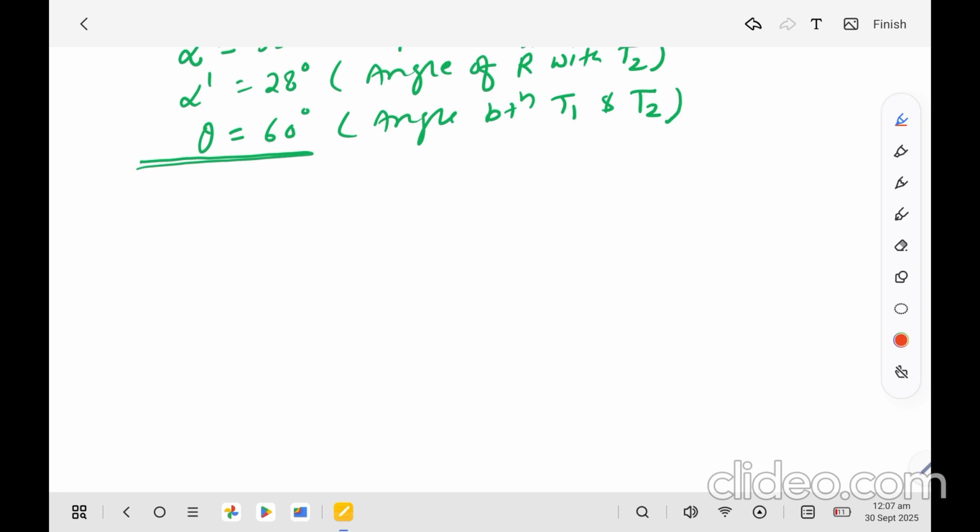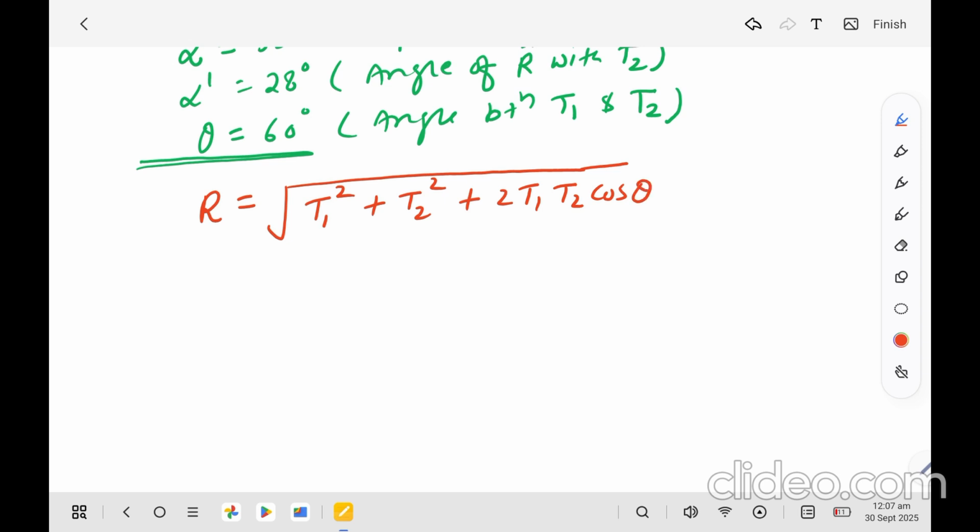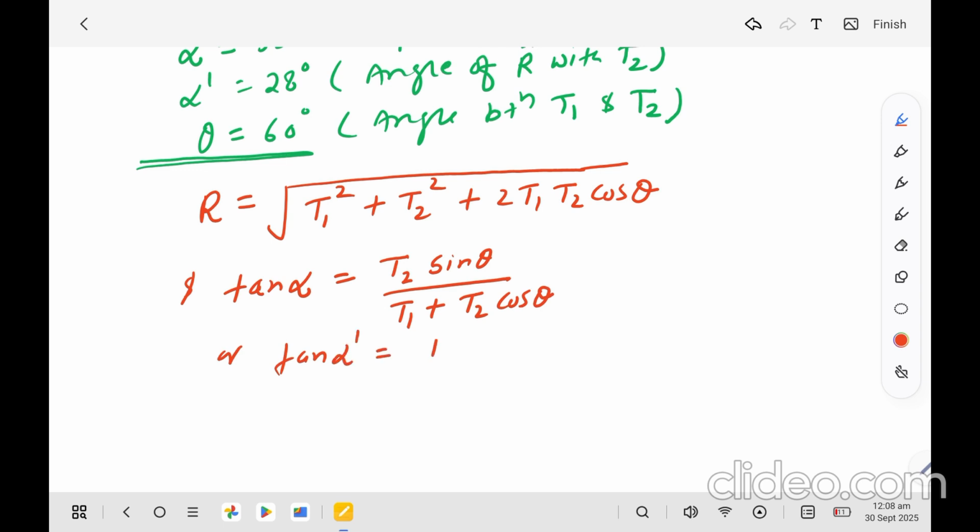Now we know from the parallelogram law that the resultant force R is the square root of T1 square plus T2 square plus 2 T1 T2 cos theta, and tan alpha is T2 sin theta divided by T1 plus T2 cos theta, or tan alpha prime is T1 sin theta divided by T2 plus T1 cos theta.